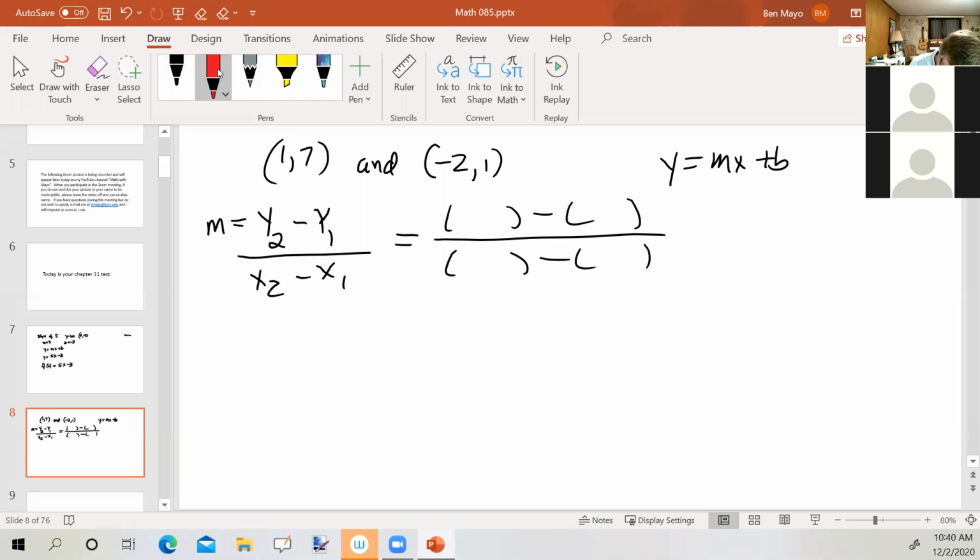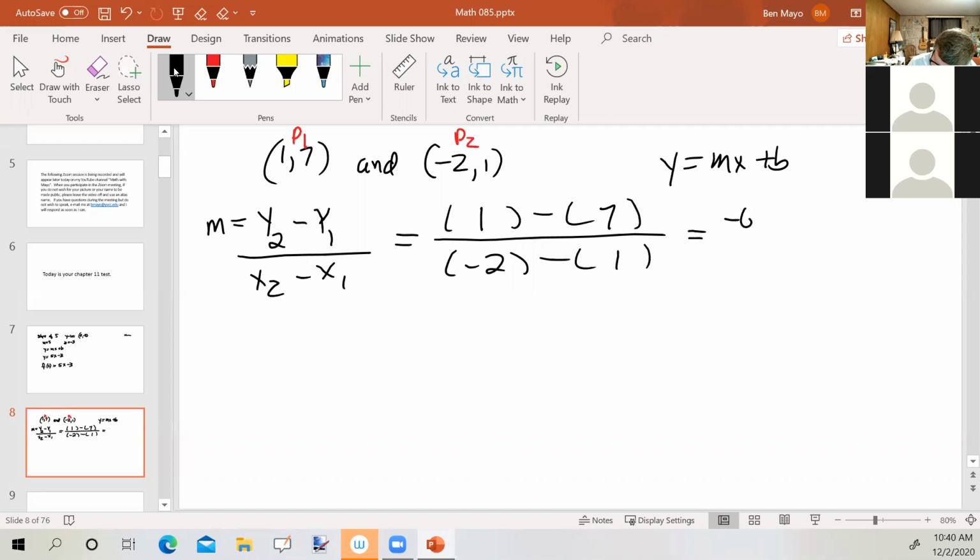I'm going to call this point 1 and this point 2. So y2 would be the y value of point 2, which is 1. y1 would be the y value of point 1, which is 7. x2 would be the x value of point 2, which is -2. And x1 would be the x value of point 1, which is 1.